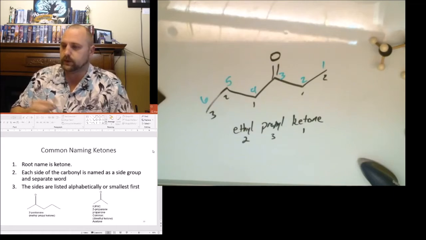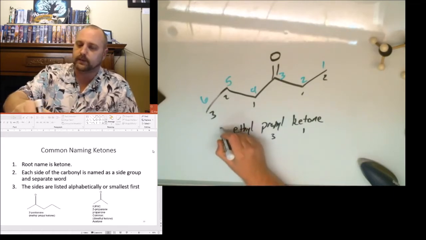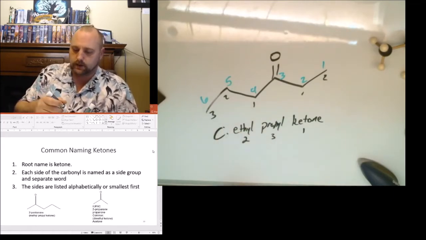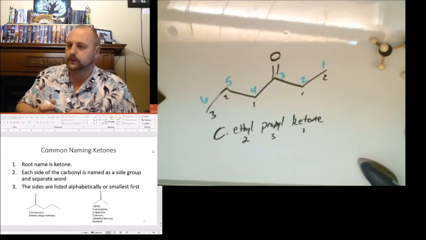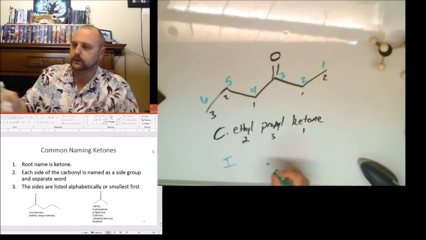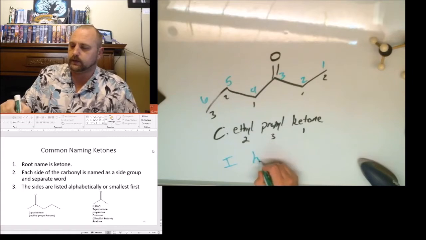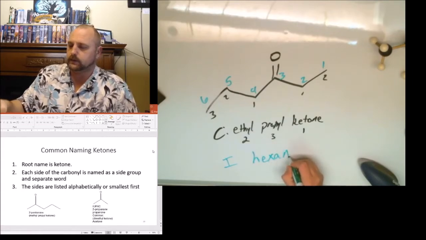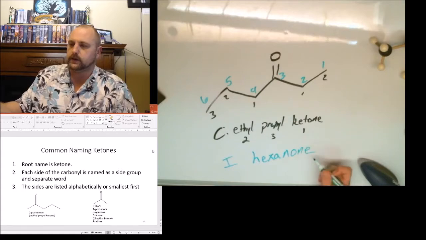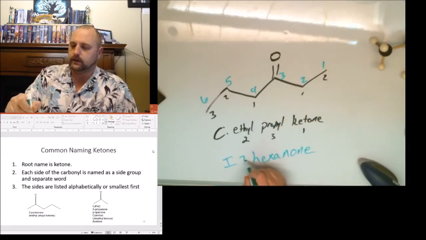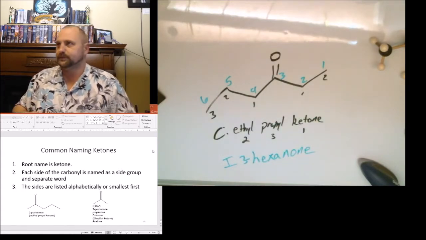So if I was numbering this and doing this IUPAC, so this is common, and IUPAC is going to be 6 is hexanone, so hexane, drop the E, add an O-N-E, it's at 3, so this is 3-hexanone.